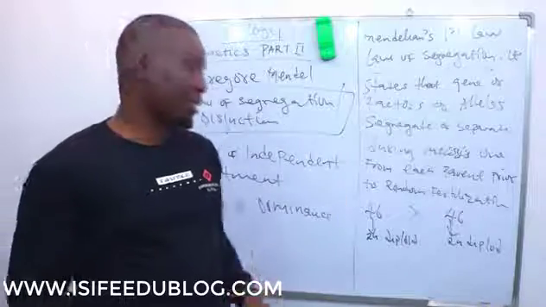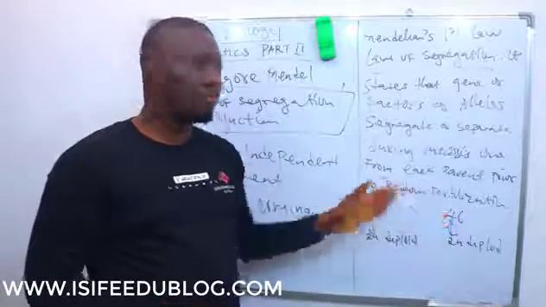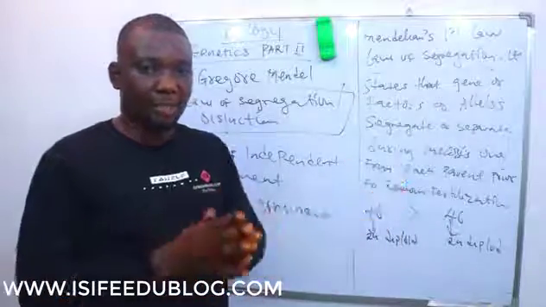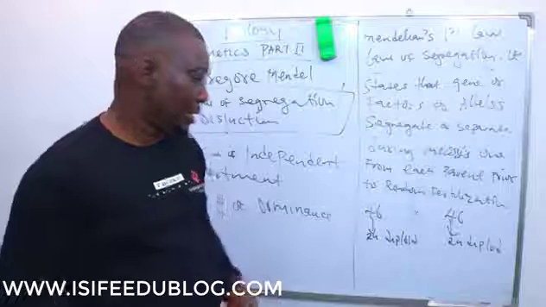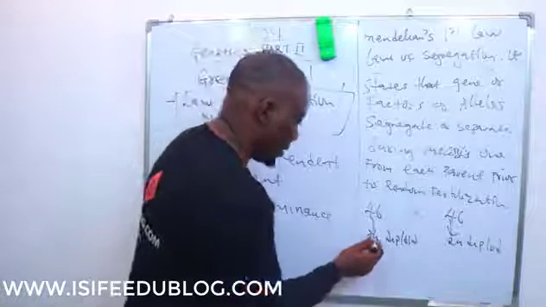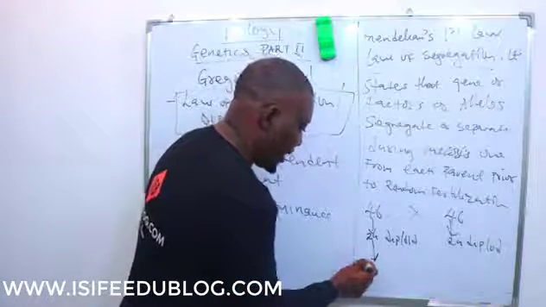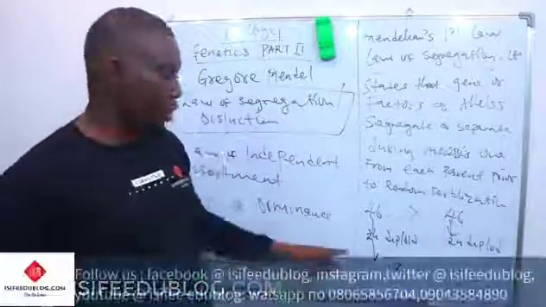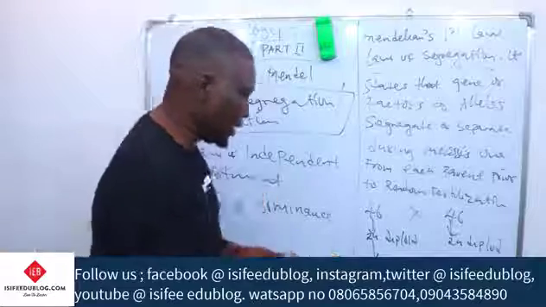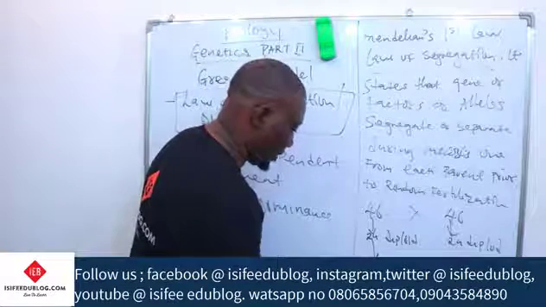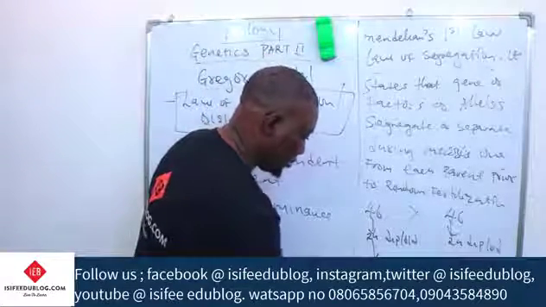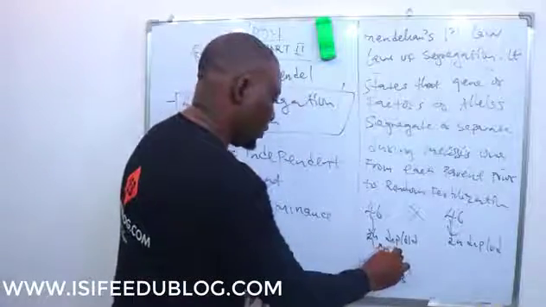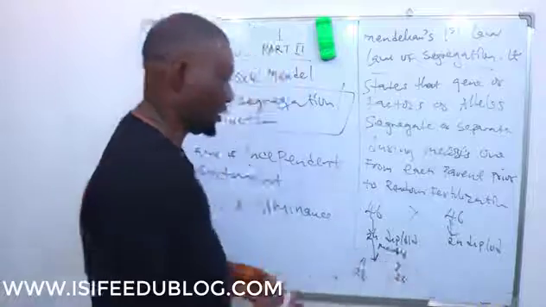It is if the chromosomes are halved, segregated, separated from each other, from n and n. So each cell will now contain not 46 but 23 and 23. And this happens during a process called meiosis.